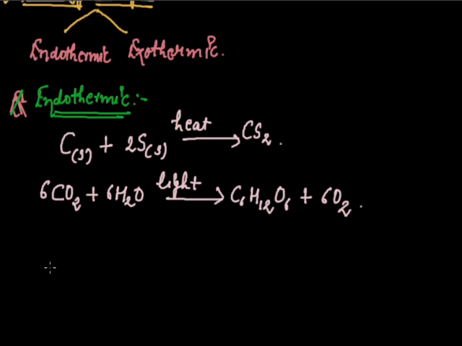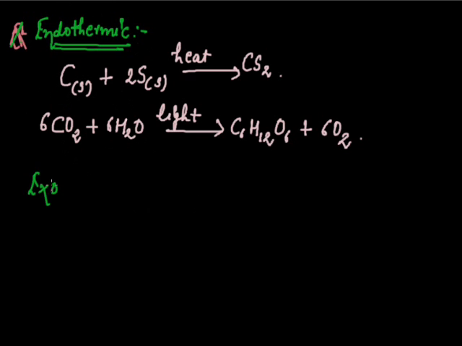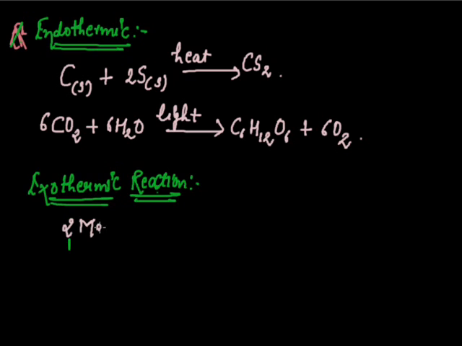The next is the exothermic reaction. Exothermic reactions are those reactions which are accompanied by the release of energy. For example, when magnesium is heated, it forms magnesium oxide plus energy.